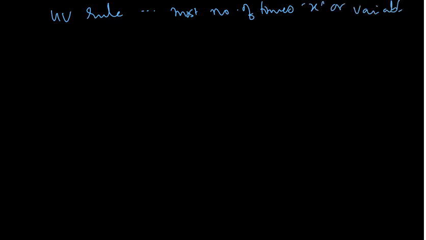So when do we use the UV rule? You will see most number of times x coming. x is the variable. What it means is, if I have x into sin x, see 2 times x is coming, right? So this is where the UV rule is to be used. Sin x square, not UV rule.